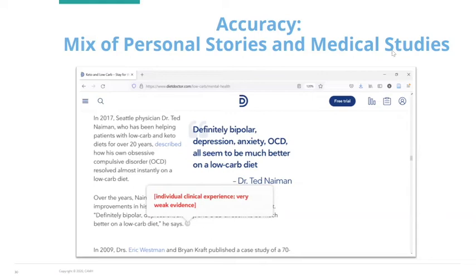But the interesting thing about this website is that if you hover your cursor over the numbered references, they say that a lot of what they're presenting as evidence is actually very weak evidence. What weak evidence would mean is that they're not pulling from a large pool of information. So my own experience is not necessarily true of the experience of people in a wider population.